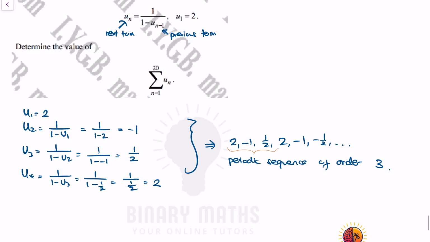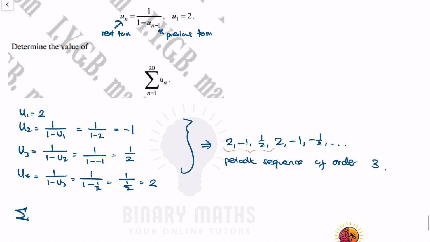So that means if I want to work out the sum of n equals 1 to 20 of Un, if I do 20 divided by 3, it's 6 2/3, which means I'm going to get 7 lots of U1, because I'm going to get the first term 1 extra time and the second term 1 extra time.